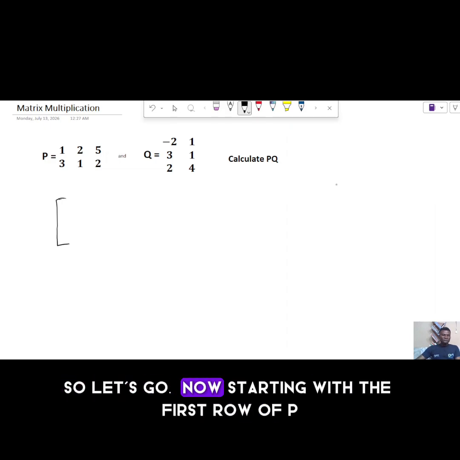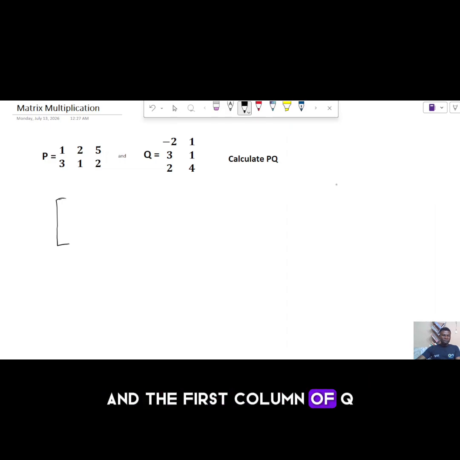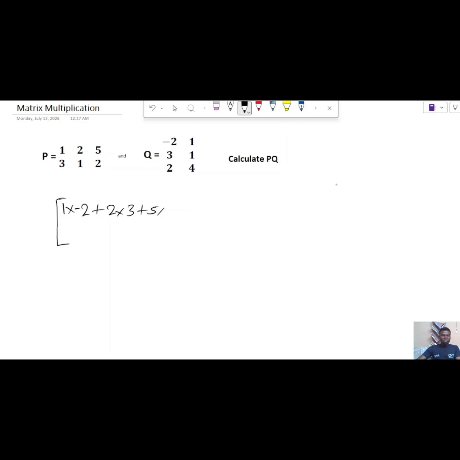So let's go. Now starting with the first row of P and the first column of Q. We have 1 times minus 2, then plus 2 times 3, and then plus 5 times 2.